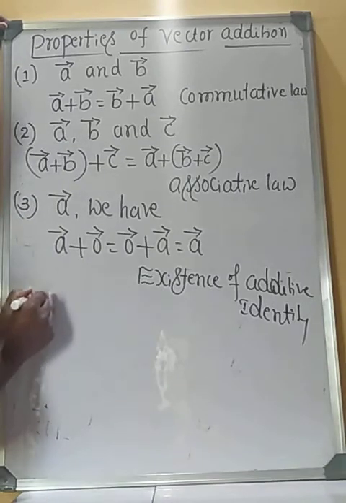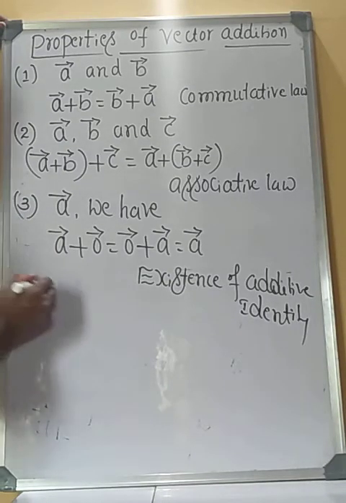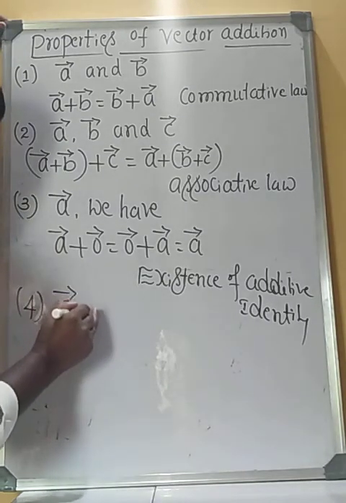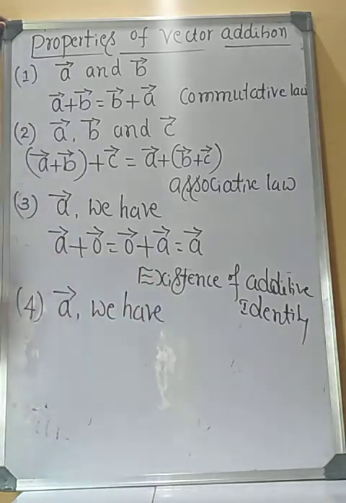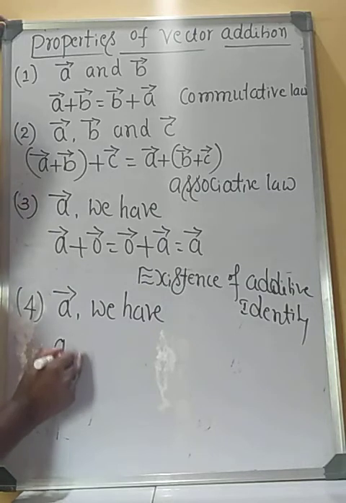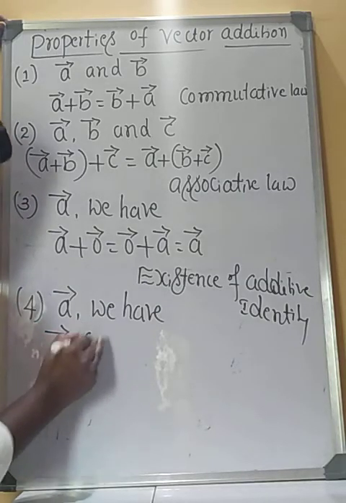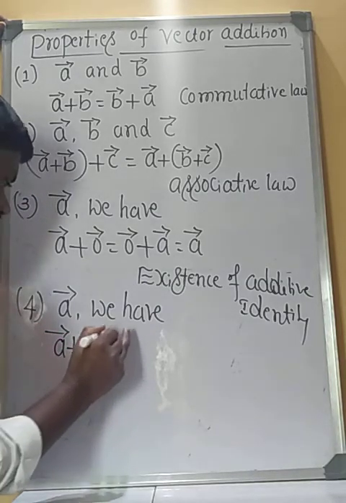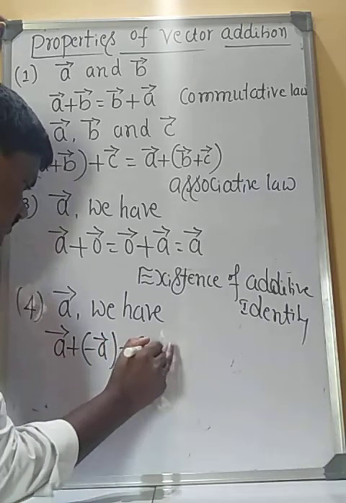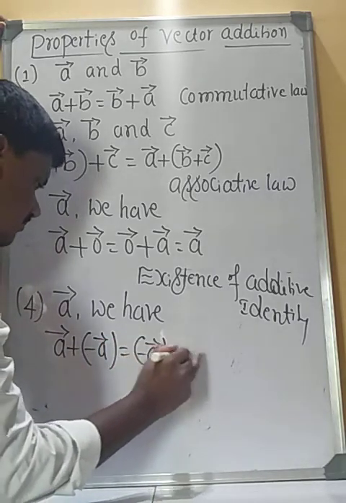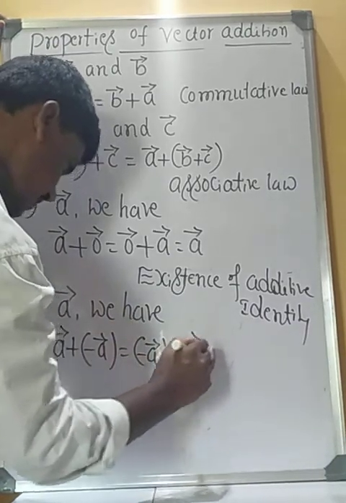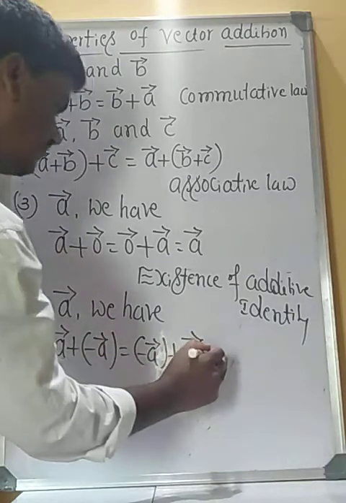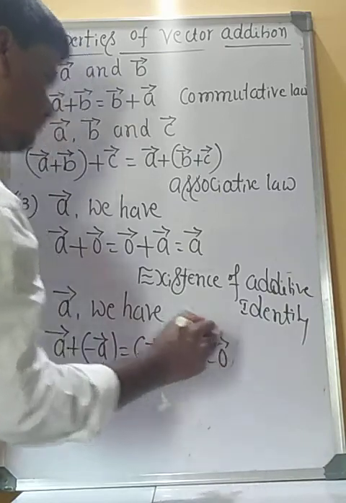The fourth one: for any vector A, vector A plus minus vector A is equal to minus A plus vector A, which is equal to the zero vector.